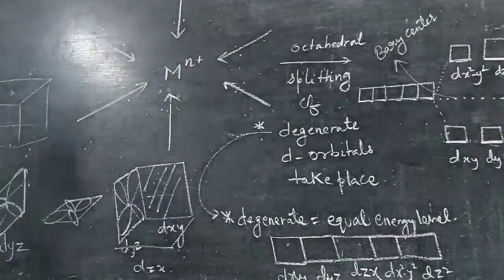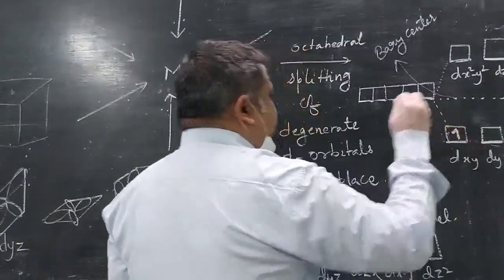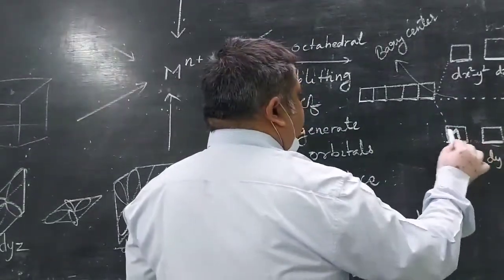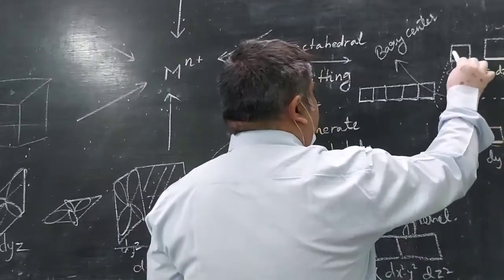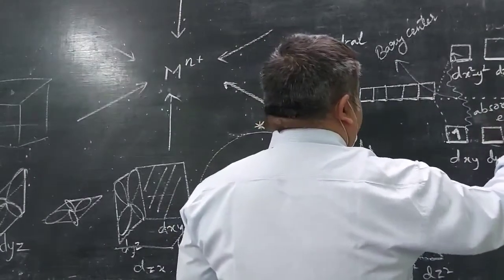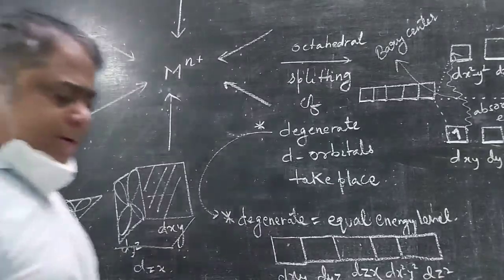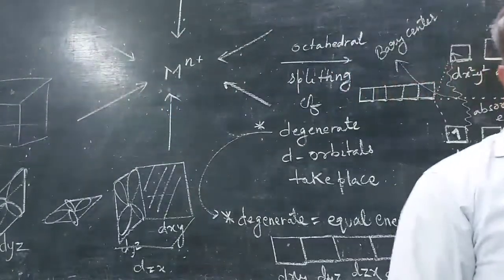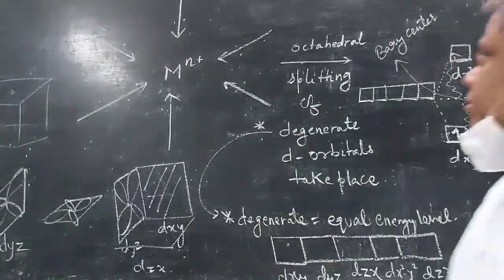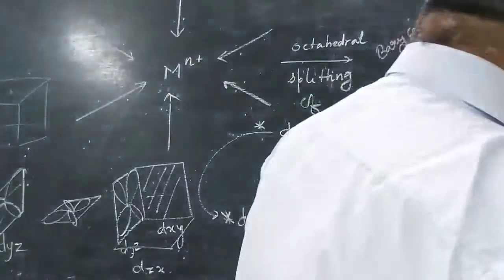In this case, if any electron is in the lower energy level and gets some kind of energy and goes to the high energy level, then it will absorb some light. So if white light is absorbed, then we will be seeing the complementary color. Whatever light is absorbed, the complementary color will be transmitted out. Okay. Now this can be further understood with the help of a specific example.